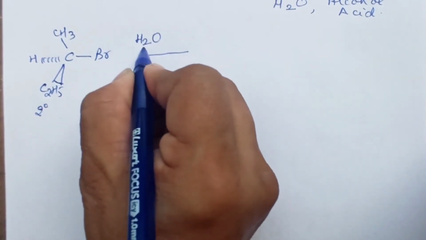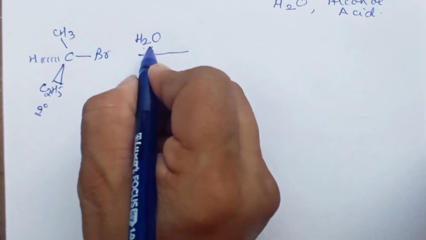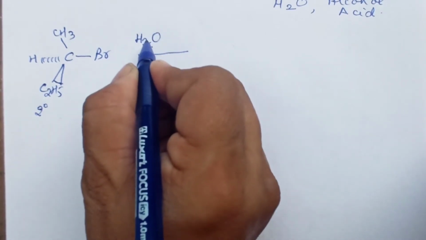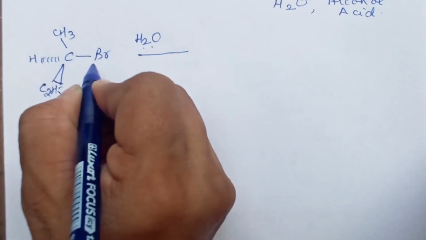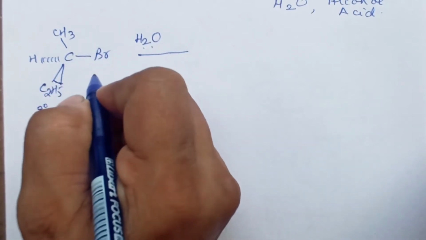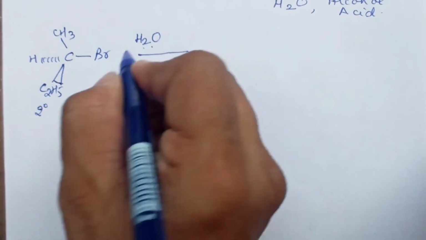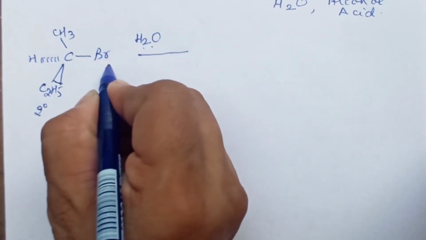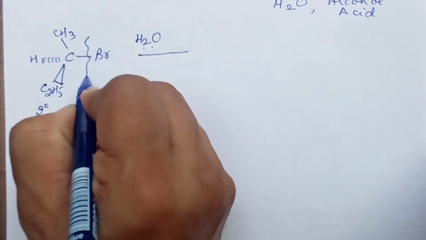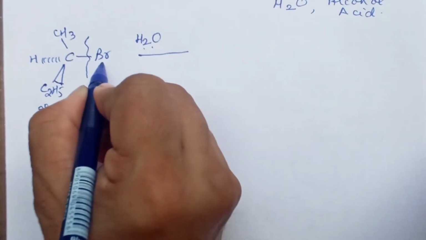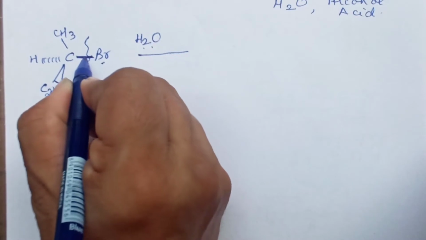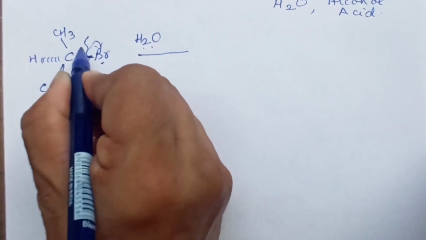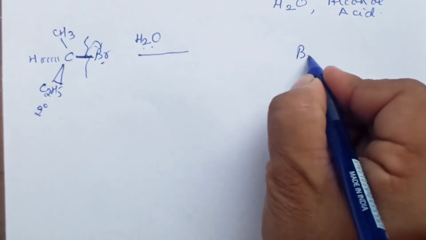This water is very important. When water is there, it can help in the breaking of the C-Br bond, because the C-Br bond will not break on its own. This causes solvation of the halide ion and assists in the breaking of this bond. Bromine, being more electronegative, will take both the electrons of this bond and go away as Br minus.